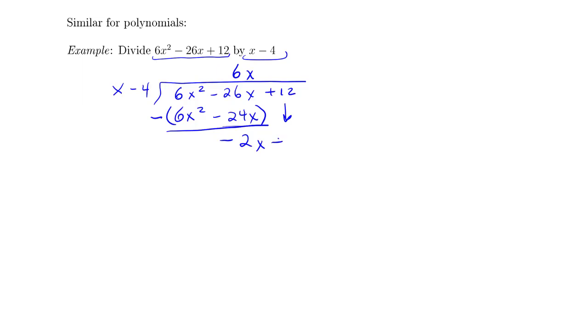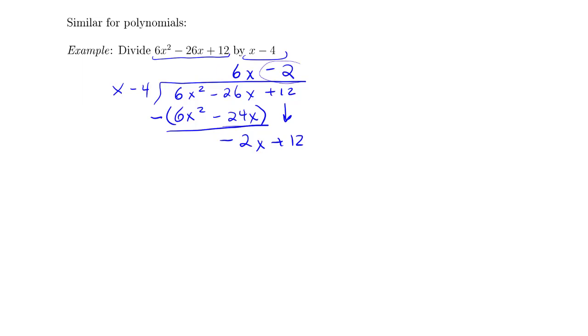I bring down this plus 12. Now I try to put x minus 4 into minus 2x plus 12, which really means I look at the leading terms. And I decide how am I going to get from x to minus 2x by multiplying. Well, I would have to multiply by minus 2. So I put minus 2 there.